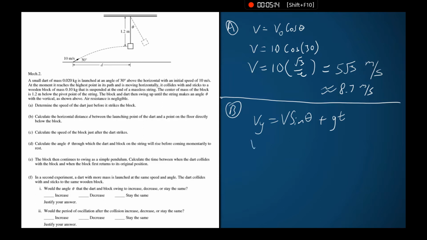So we've got, okay, yes, because we won't have any vertical velocity at the time we want. Okay, I'm going to use 10 for gravity, I guess. So 10t. And that should be, yeah, it should be negative.